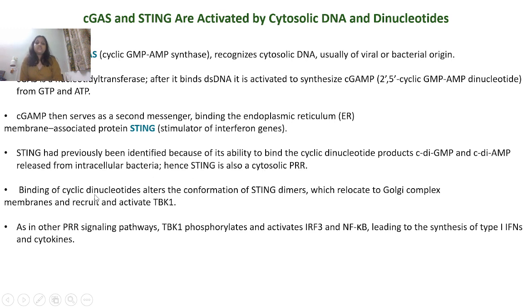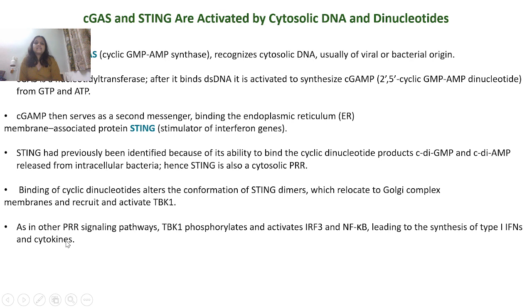So binding of cytosolic nucleotides alters the conformation of STING dimers, which then go to the Golgi complex and recruit and activate TBK1. Similar to PRR signaling, TBK1 phosphorylates and activates IRF3 and NF-kappa B, leading to the synthesis of type 1 interferon and cytokines.